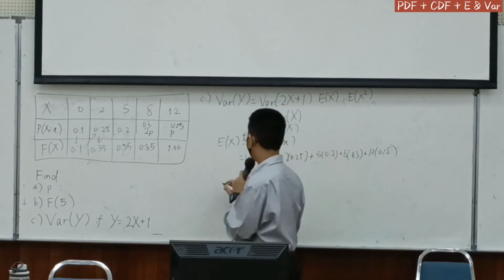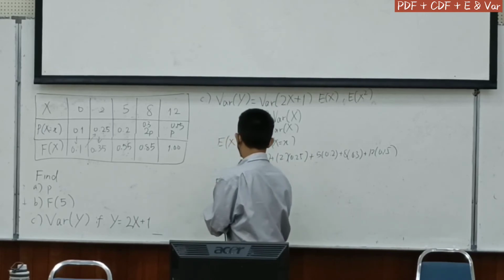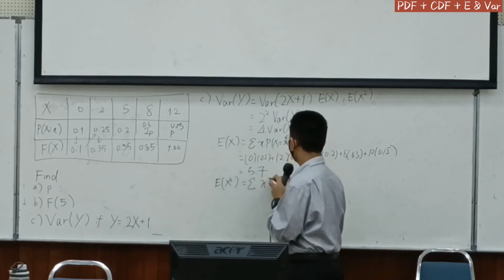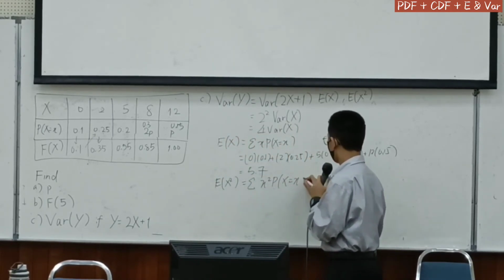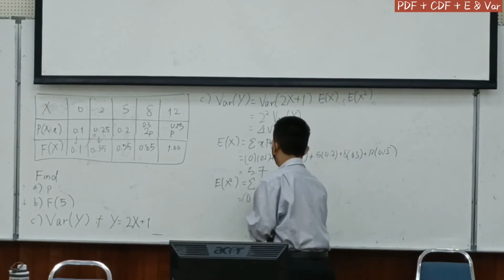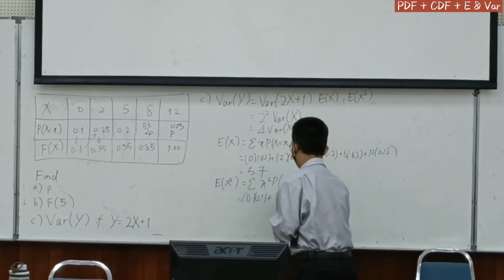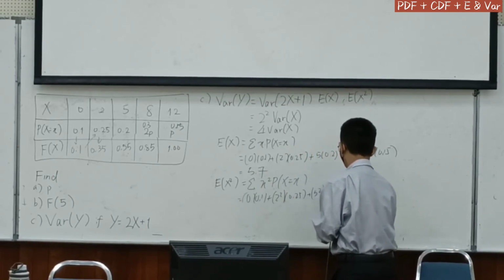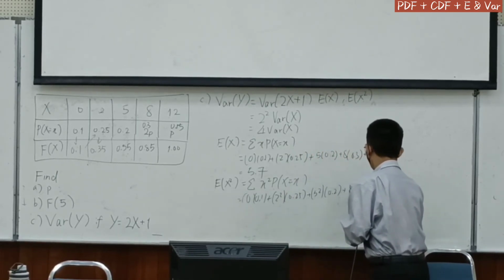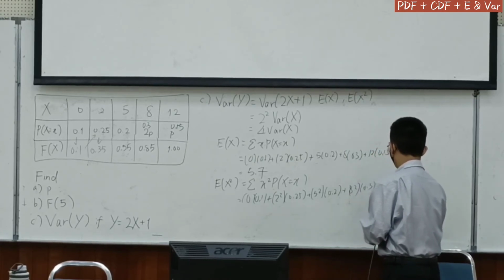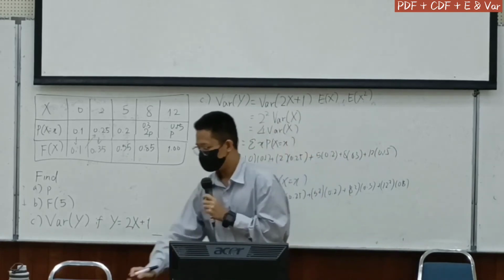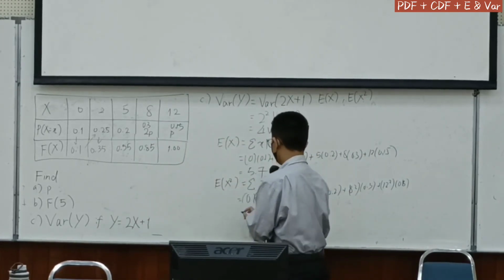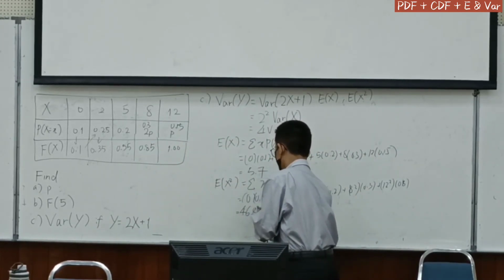And we do E(x squared), which is the sum of x squared times the probability. Then we will get 46.8.